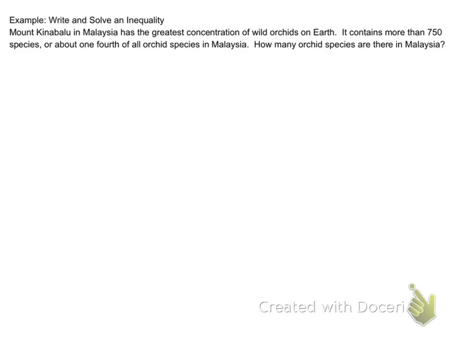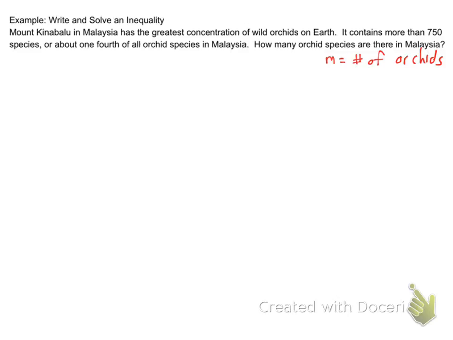How do I set this up? I'll use M for the number of orchids. M equals number of orchids. What's my equation going to be?